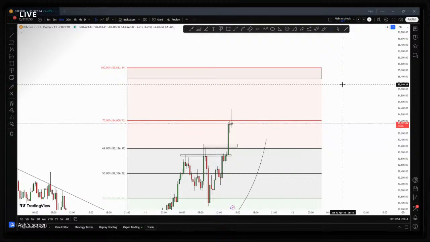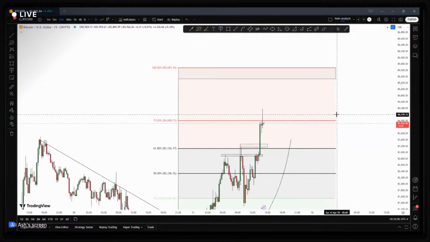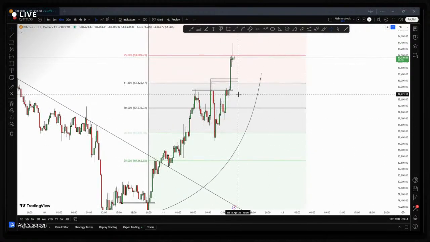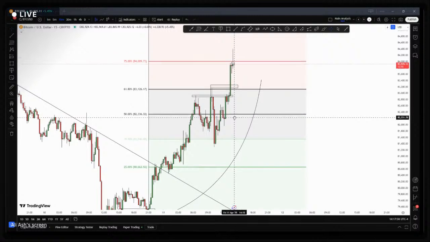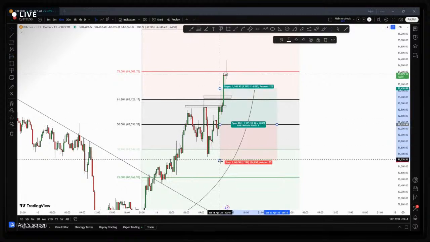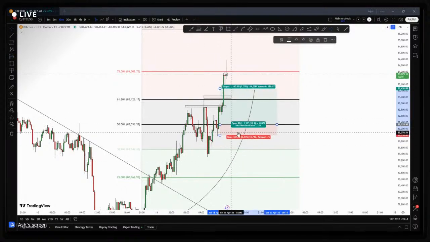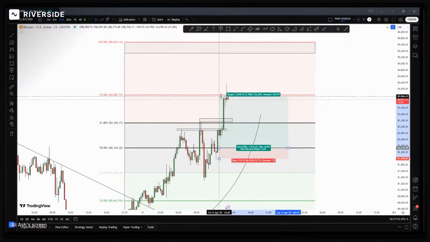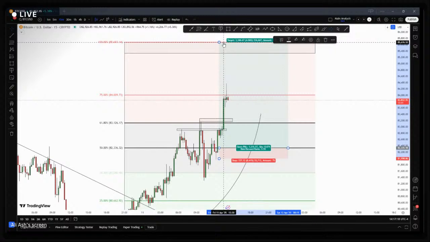I took this on 82,218. Here is where I took this trade, and this was my stop loss. I took this on the morning star, and I'm right here waiting for this. So I'll close some of my position here.